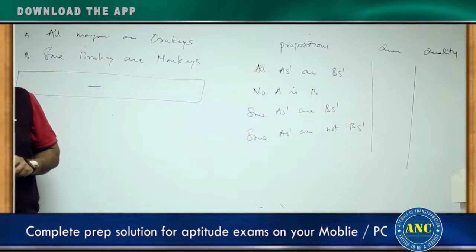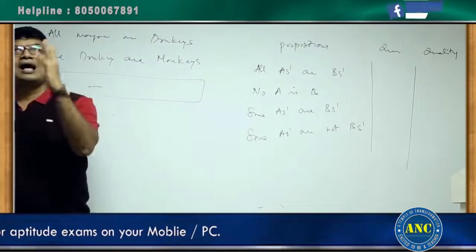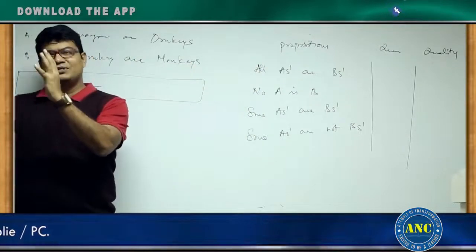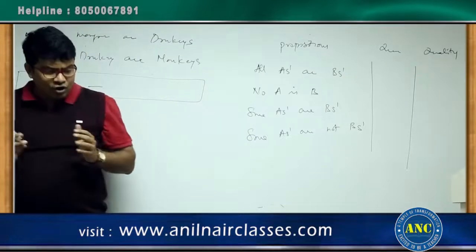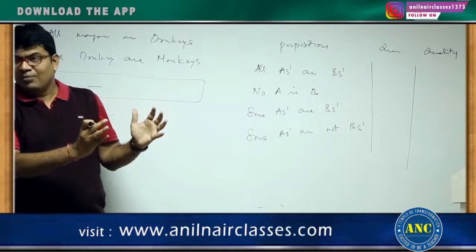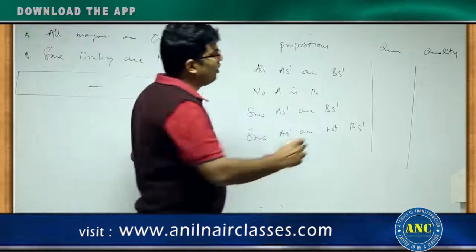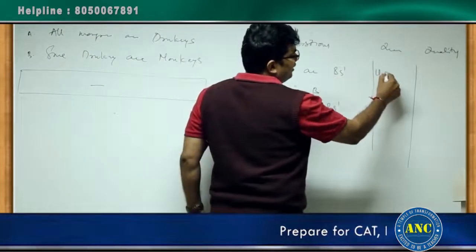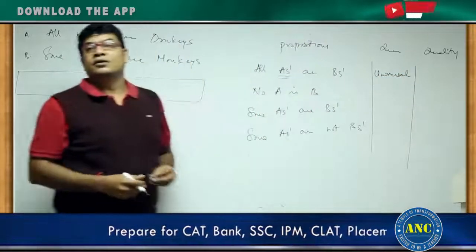When I say quantity, what is the quantity, sir? Where does the quantity come from in this one? Now, all apples are mangoes. Are we talking about all apples, which is universally anything to do with apples, or are we talking about a particular set of apples? All apples, right? So we are talking about universal. So in terms of quantity, all A's are B's we'll call universal.